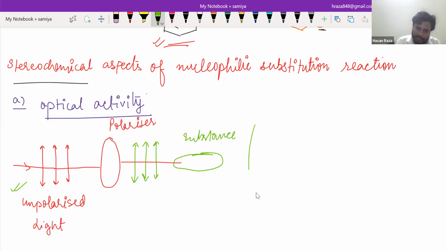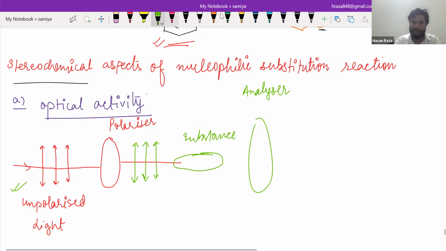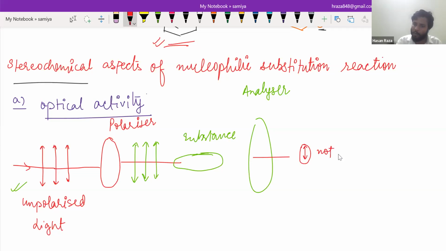After this, there is another instrument that is basically the analyzer. After passing through this compound, this polarized light either will rotate or not rotate. There are three possibilities. The first possibility is that this polarized light will not rotate, that means the compound is optically inactive compound.